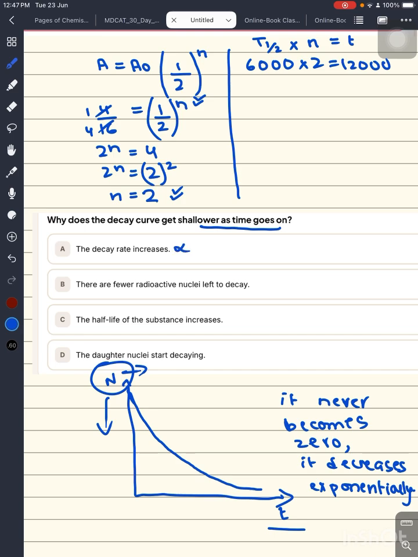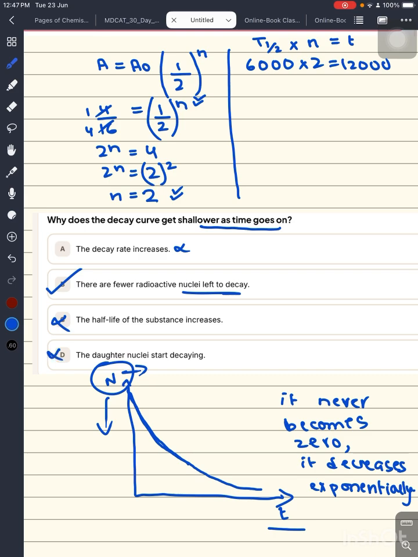No. We know it's decreasing. There are fewer radioactive nuclei left to decay. Yes, as time increases, the number of nuclei to decay decreases. The half-life of the substance increases? No. The daughter nuclei start decaying?